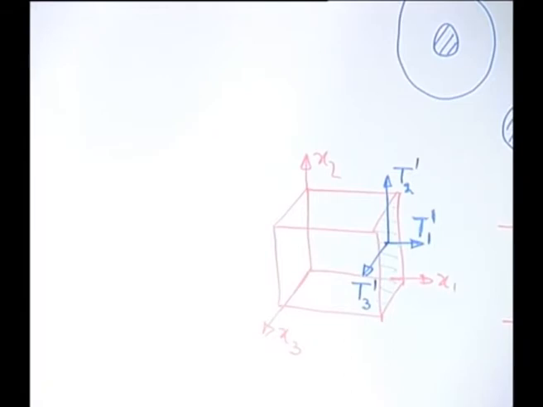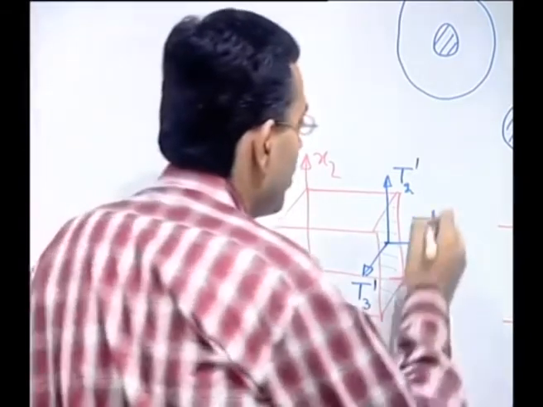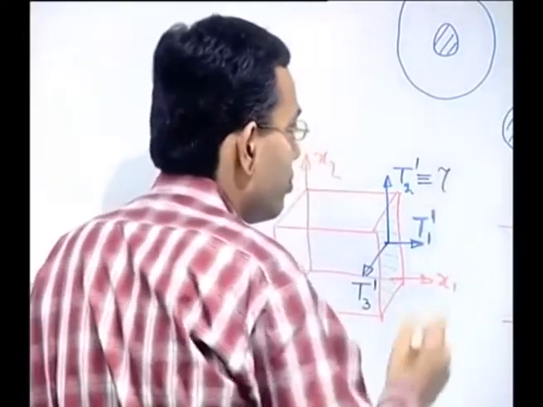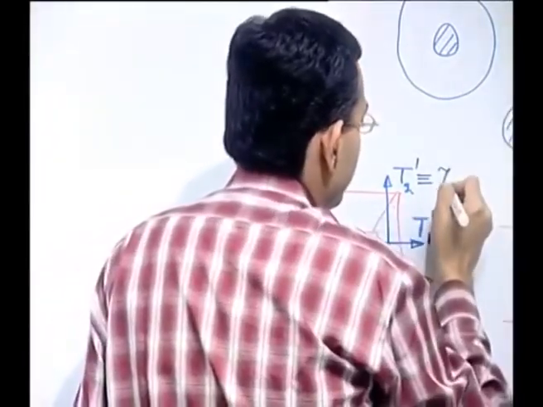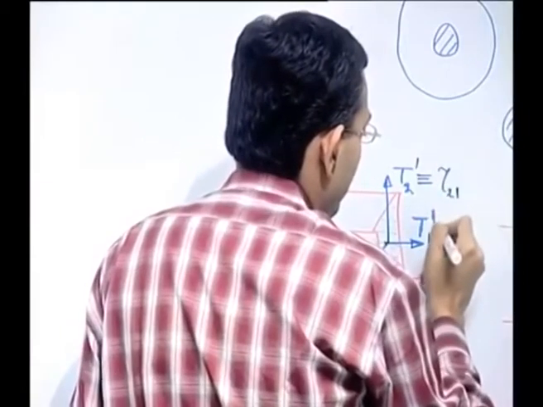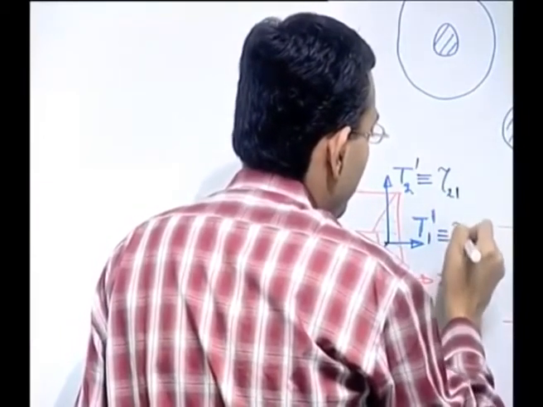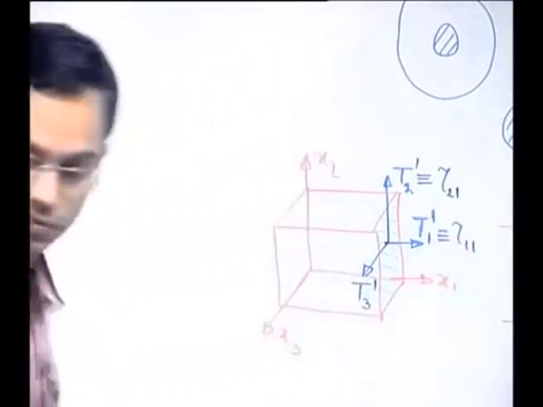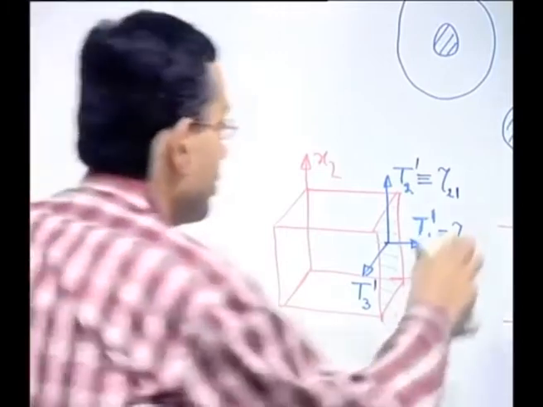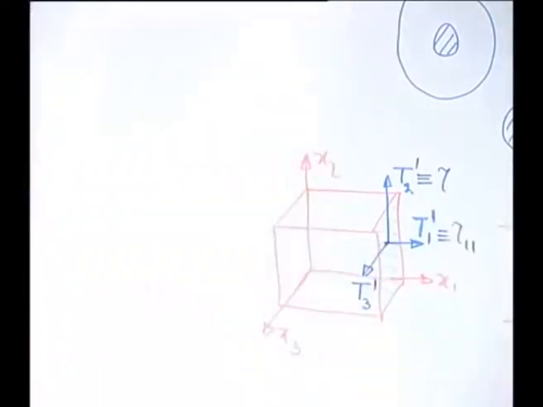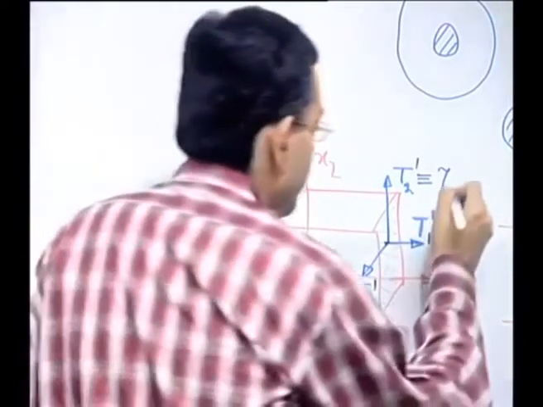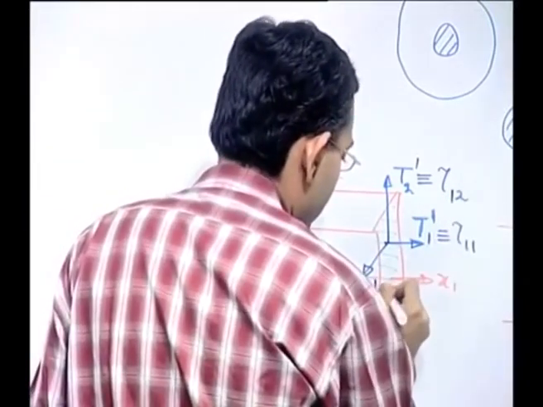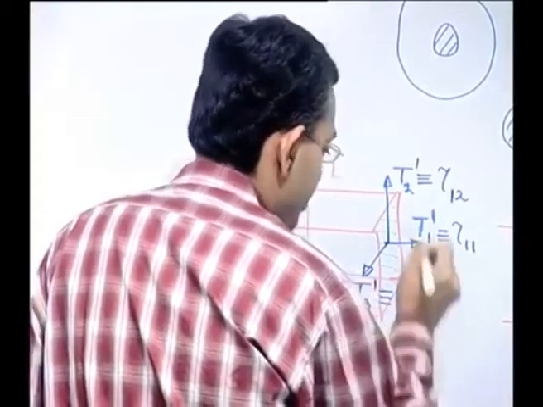For these special surfaces, we have equivalent notations using tau. So we call this as tau 2 1, we call this as tau 1 1, sorry, tau 1 2, this is tau 1 2, and this is tau 1 3.